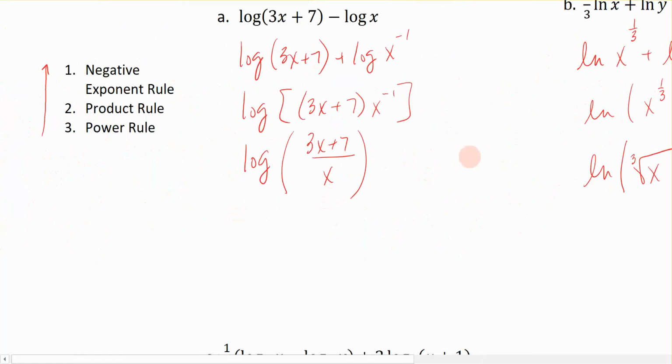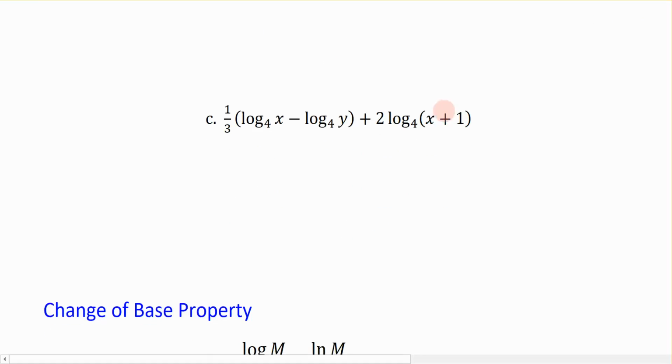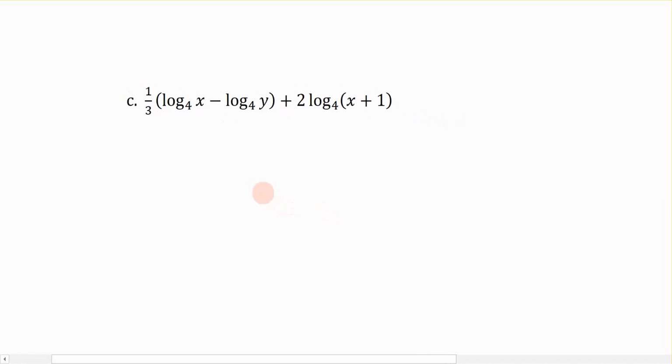Okay, let's try one more together, and this time we have something that might be a little bit longer. So I have a lot going on here. I still have 3 terms. Notice in this first set of terms, I have a 1/3 outside of that set of parentheses.